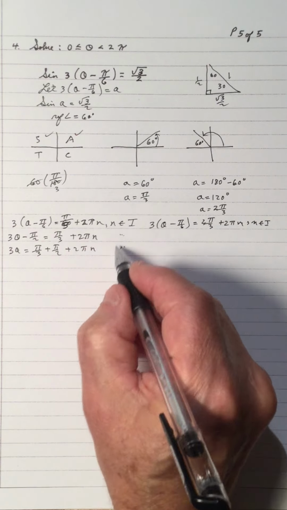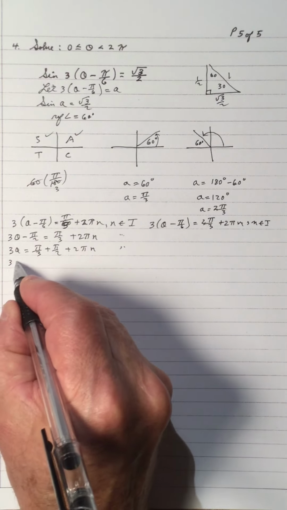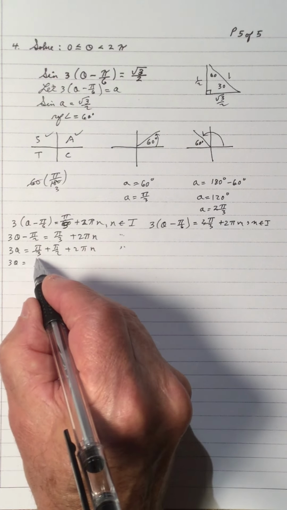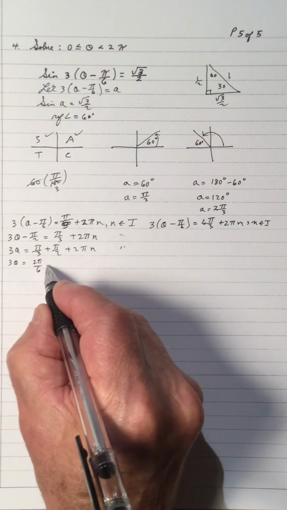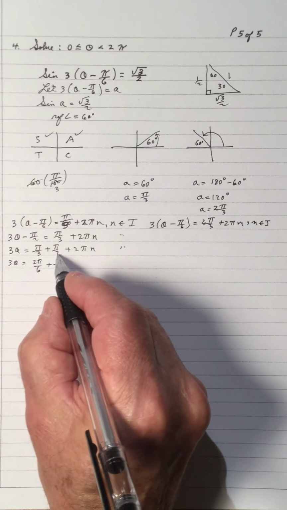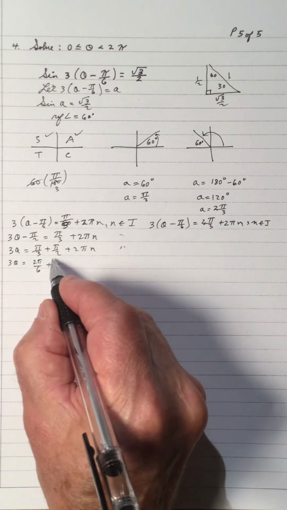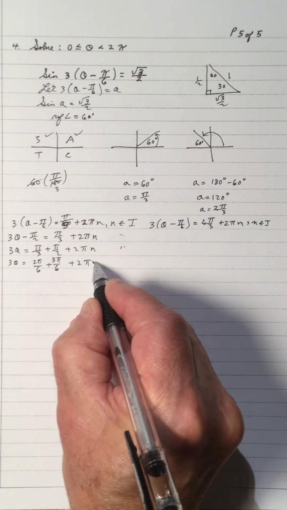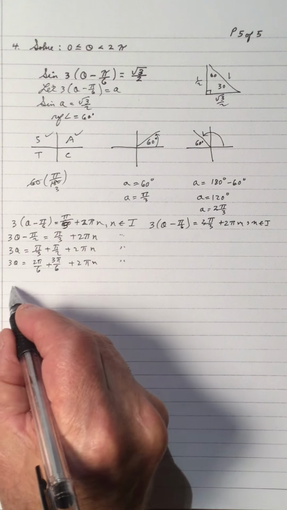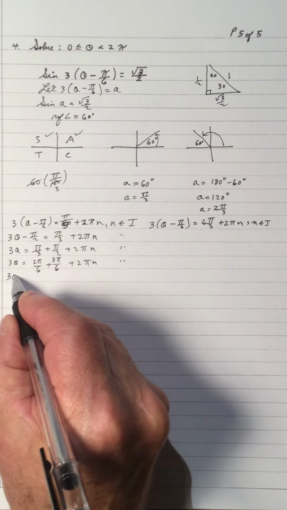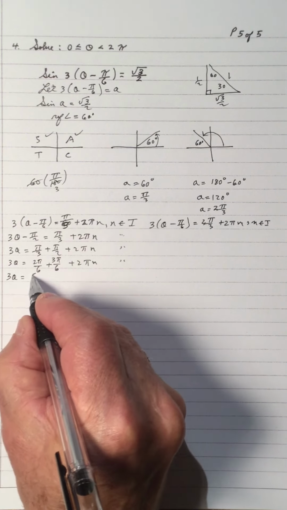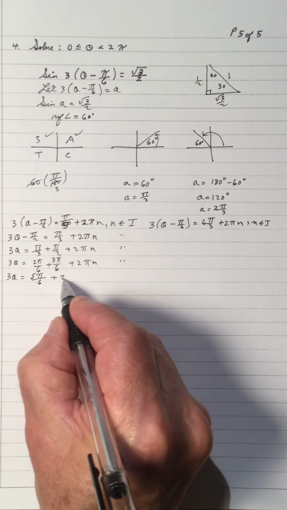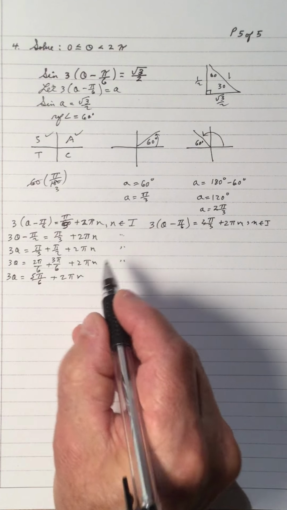We'll move, 3 theta equals pi over 3 plus pi over 2. If you add here, common denominator 6, so that's 2 pi over 6, and 2 into 6 goes 3, so that's 3 pi over 6. And so we have 3 theta, that's 5 pi over 6 plus 2 pi n.